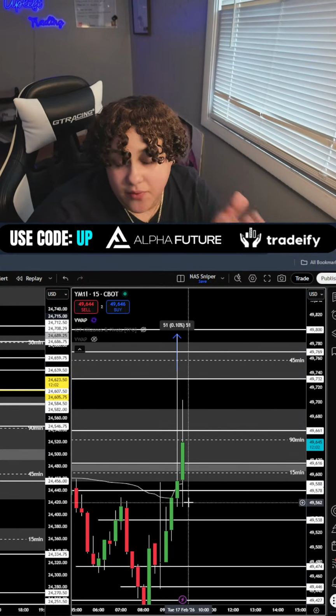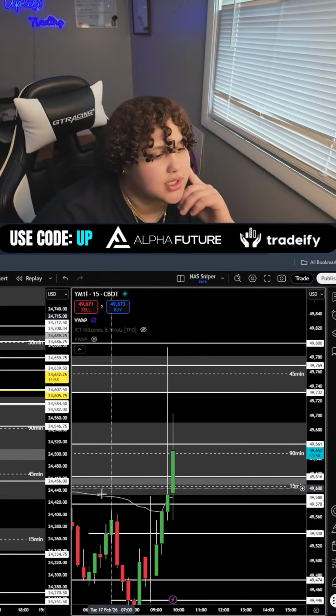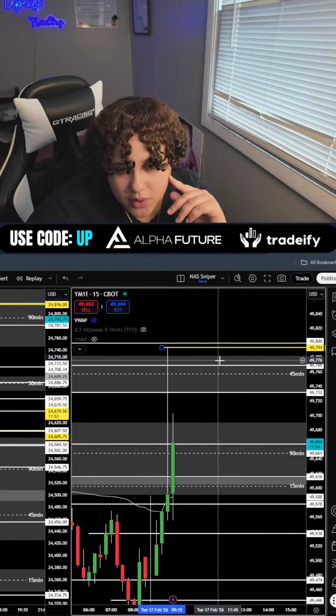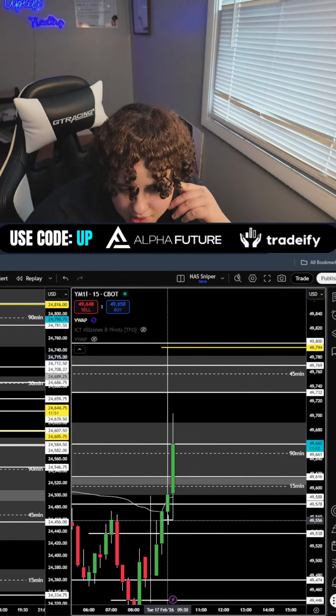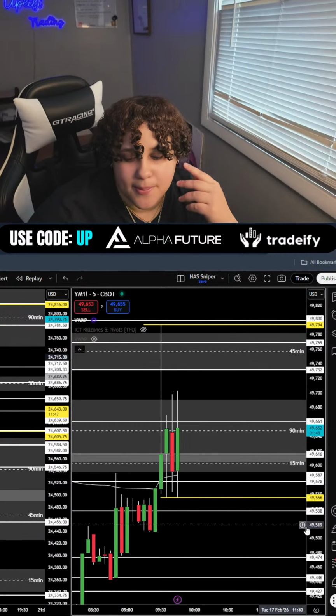Not weak with volume, but weak with direction. The 15-minute candle closed out with a huge wick. Usually when I see that, it's like, okay, market kind of doesn't know where it's going. Let's just wait.